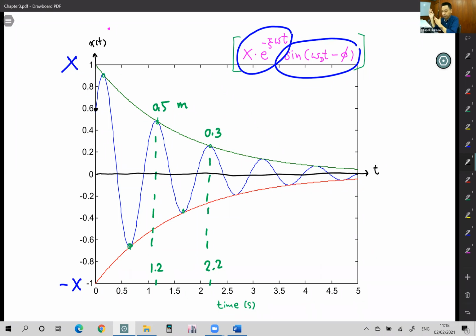And I assign that the building has the initial displacement of 0.6 meter. Assume the unit is meter. It's moved with 0.6 meter, and then I let the building move. So that's why it moves back and forth like this.